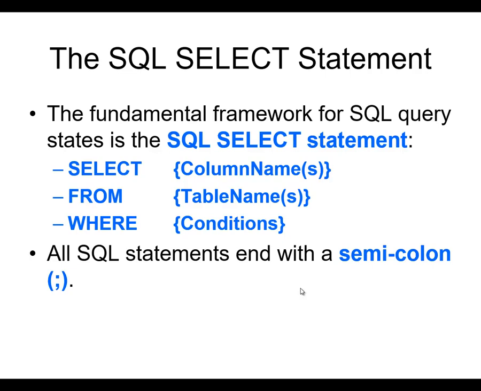Once you are done writing the code, you end your SQL statement with a semicolon. So we have the Select Statement, From which will give you the name, and Where is the condition that we use, and then we end with a semicolon.